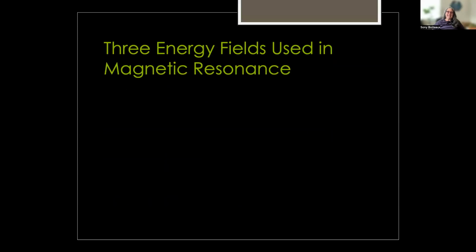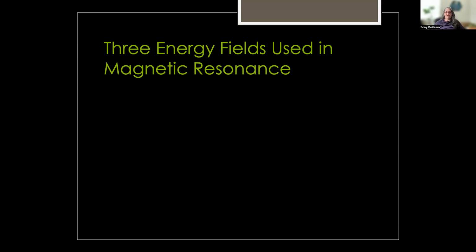So let's dig in and talk about the three energy fields used in creating an MR image. It's a little bit different than X-ray, right? With an X-ray, we have one source, one energy source. And of course, that X-ray beam goes to our patient and it's attenuated, and then whatever transmits through or scatters through and hits the image receptor provides us with our image.